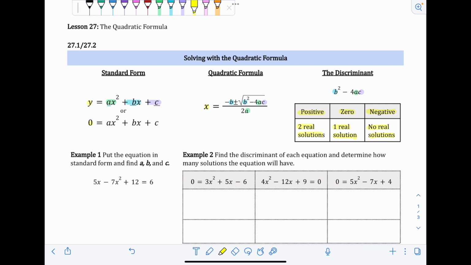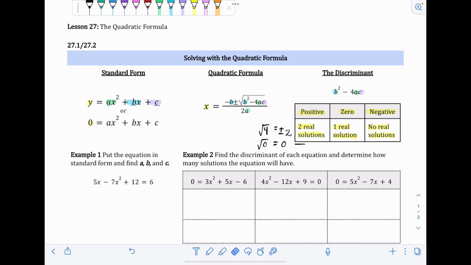So if I have a positive number inside the radical, say for example, the square root of 4, that would give me solutions positive and negative 2. If I have a 0 inside the radical, that would give me just 0. There's not a positive and negative 0, it's just one version, so one solution. And then if I have a negative number inside the radical, say negative 16, that's going to be no real solution because I can't square a real number and get negative 16.